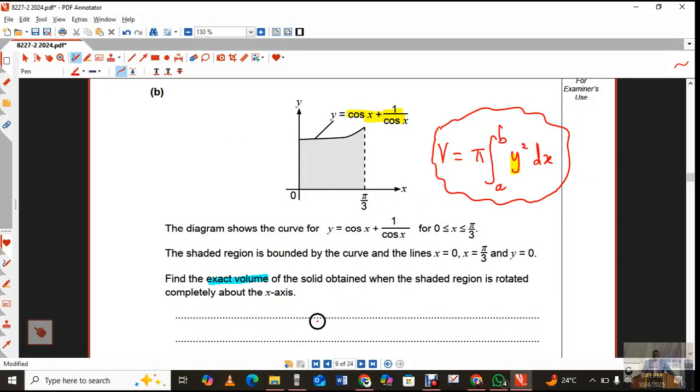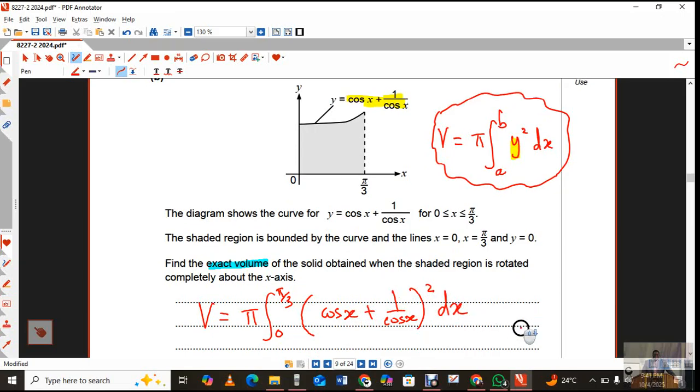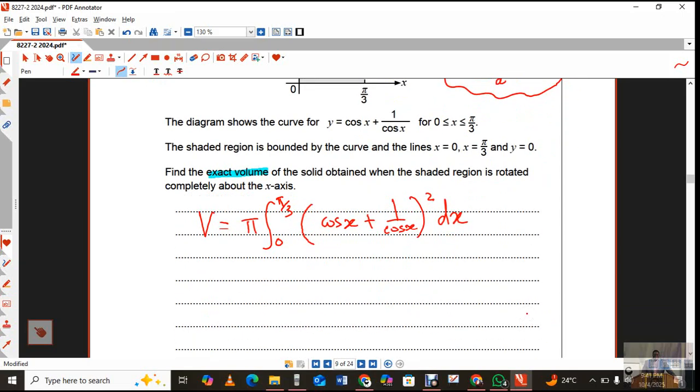And my a and b, I think you know what it is. So to find the volume, you're going to integrate from 0 to pi over 3 of the function cos x plus 1 over cos x, squared, dx. Let's do that first and see where it brings me.